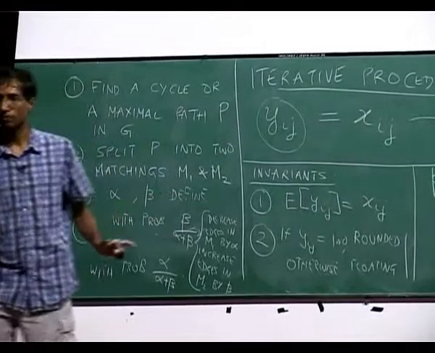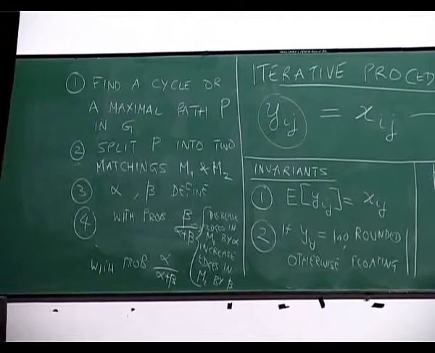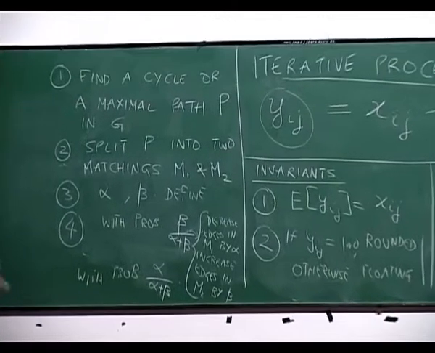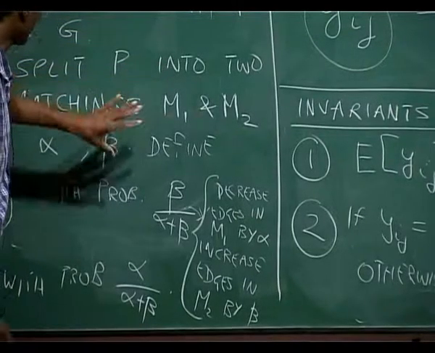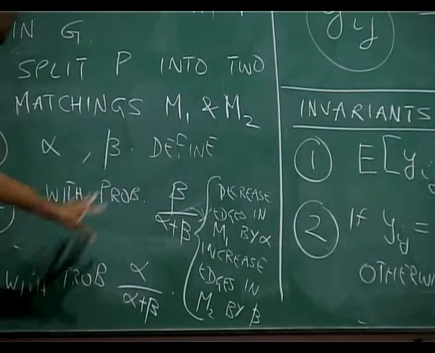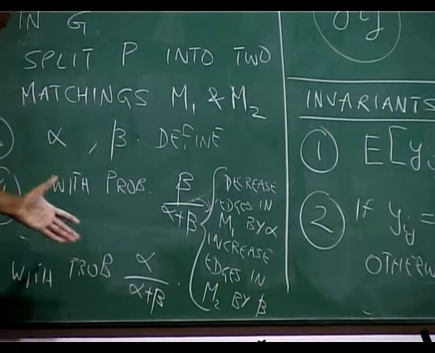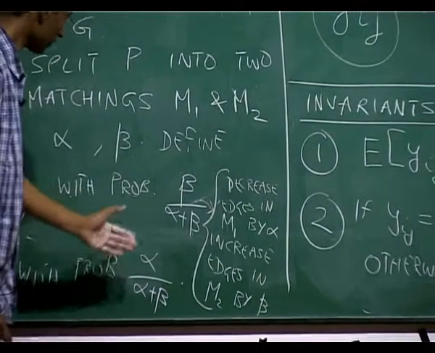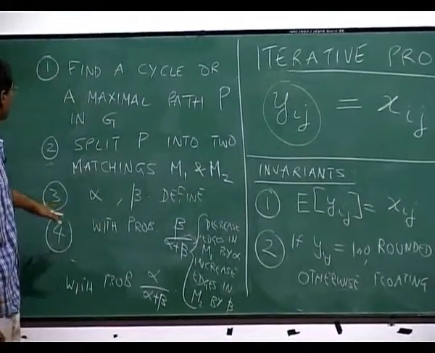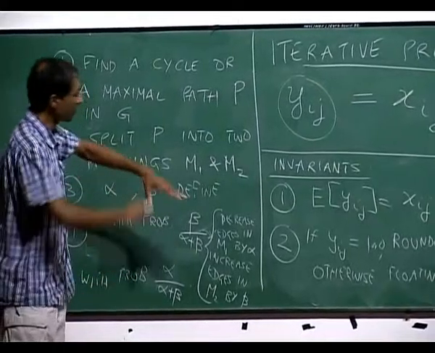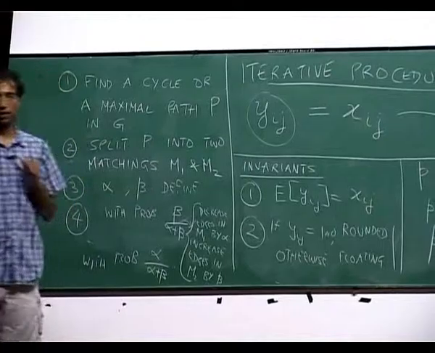That's all you do. In each iteration, you find a cycle or a maximal path, and you repeat this. You split P into two matchings, alpha and beta are defined, and with probability this, either you increase values on one matching and decrease in the other, or you decrease values on one matching and increase on the other.